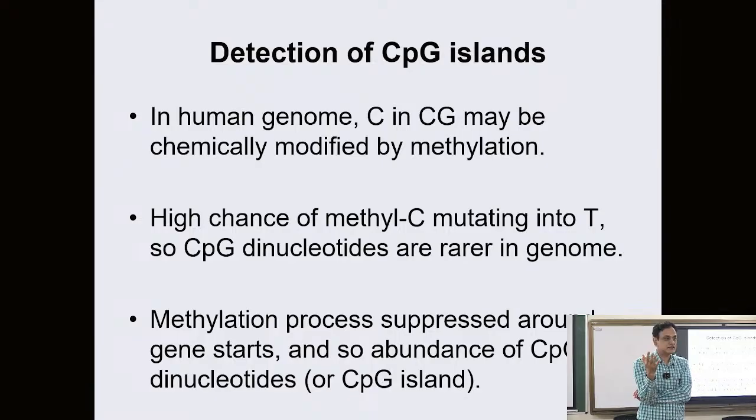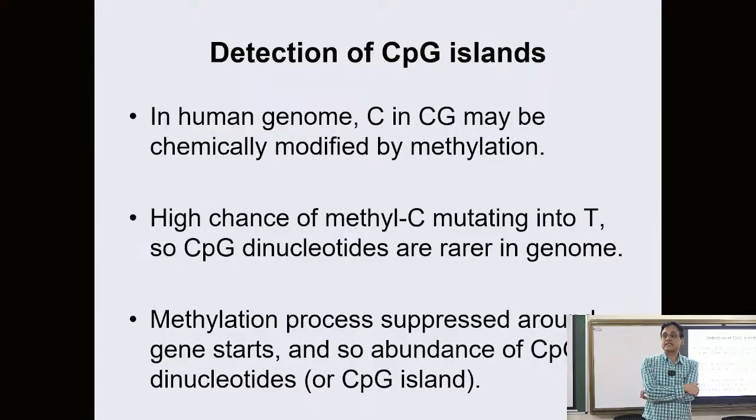You understand methylation? Methyl group CH3. So, CH3 can get attached to C, cytosine, in CG. Okay? And when C is methylated, there is a chance that C can get mutated to T, thymine.